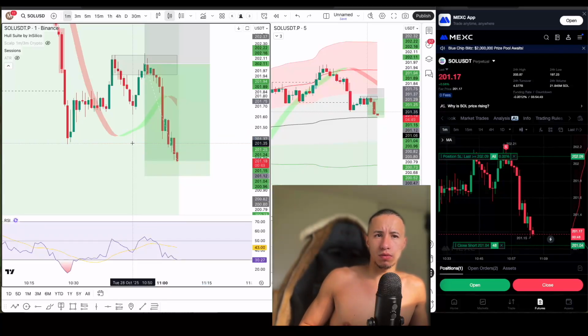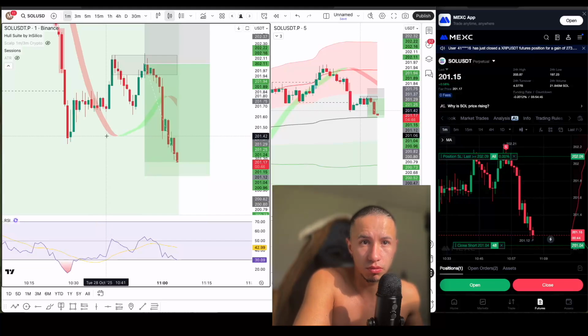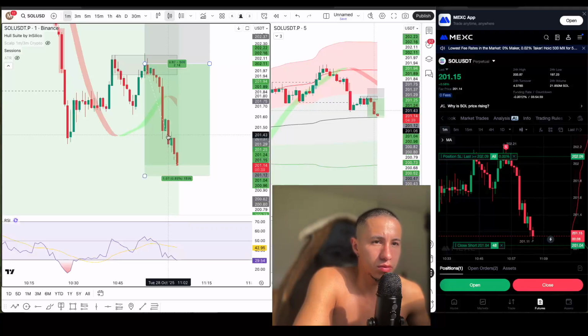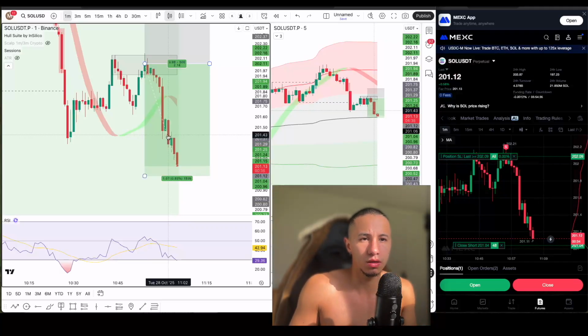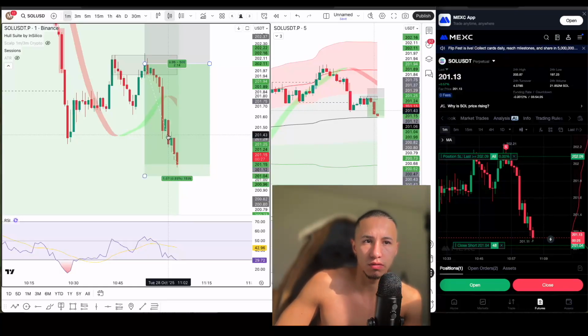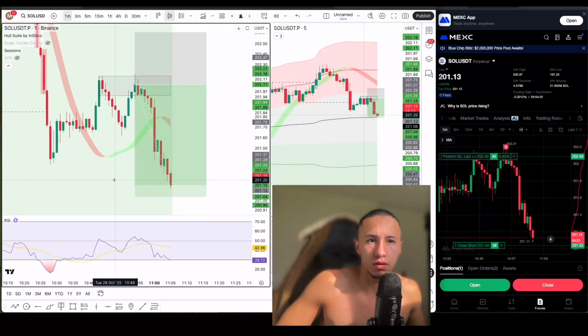Now we broke it, so it's okay. Every time I see one important level like this and I see a bounce, I mark it up as an important level, because when the people are defending a certain level, that means that there is interest in that zone, either for the bull or for the bear side, doesn't matter, but it's a level that you want to look at. So yeah, let's see, we hit TP now.